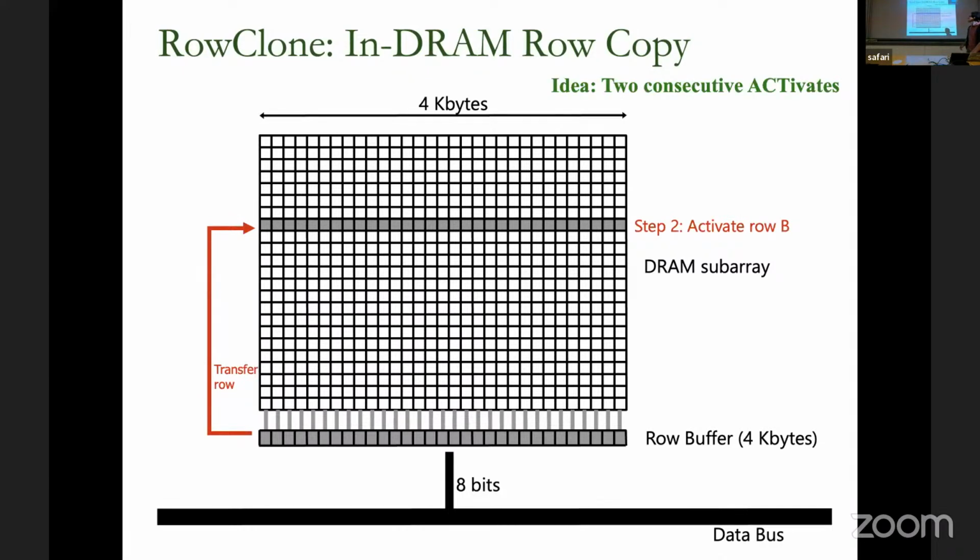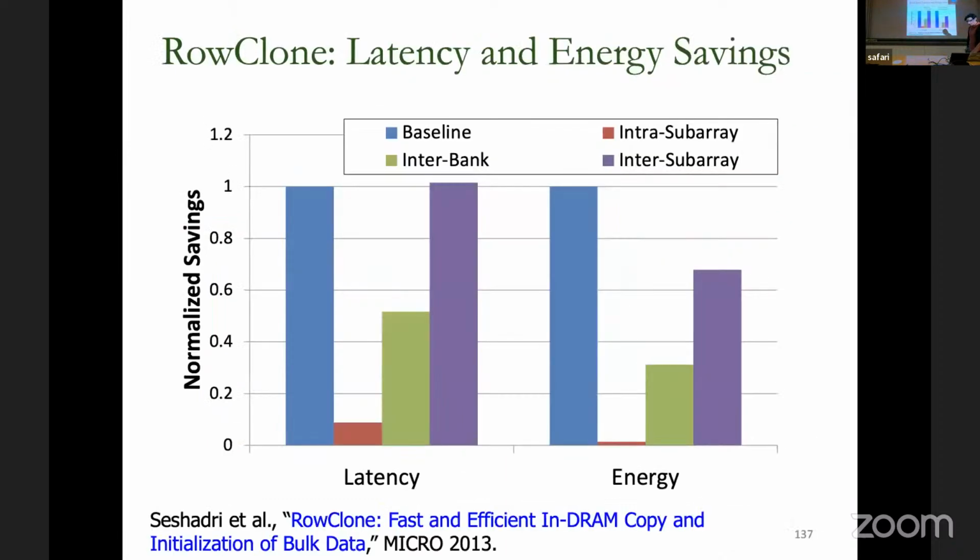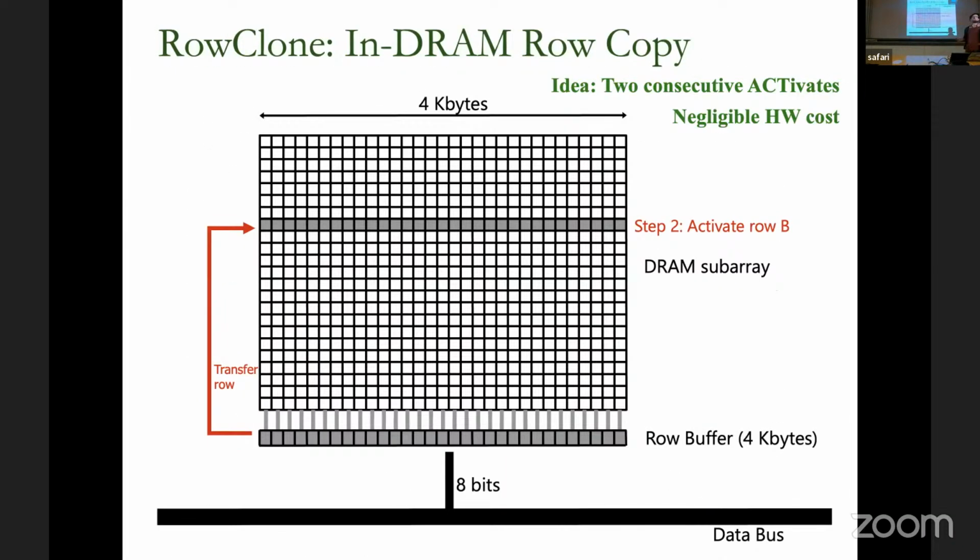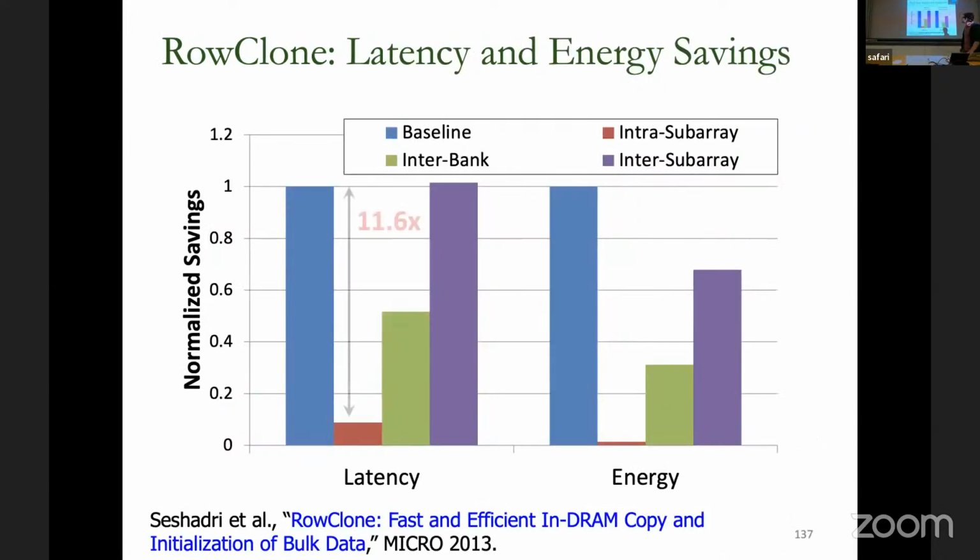If you do that, with these two consecutive activates at negligible hardware cost, you can be much, much faster when performing operations like memory copy or initialization. And that's what you can see here if you compare the baseline that is using the CPU to the technique that I just explained. You can save more than 11 times the latency and save 74 times the energy, right?